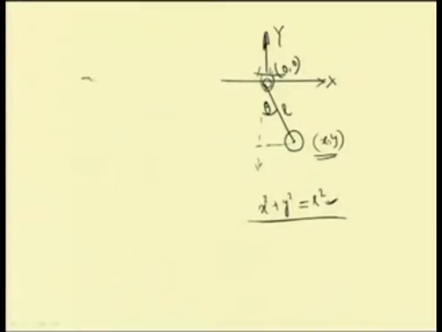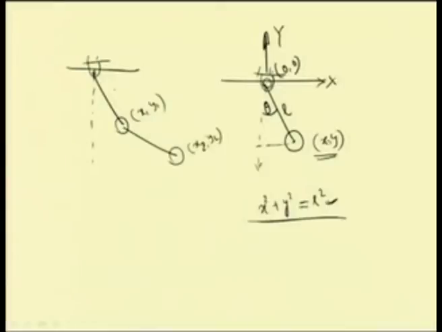Or, if one takes a double pendulum, in a similar way, instead of representing the positions of these two bobs by x1, y1, x2, y2, that is 4 physical parameters, one can use only two generalized coordinates, theta 1 and theta 2, to represent the motion of this double pendulum.